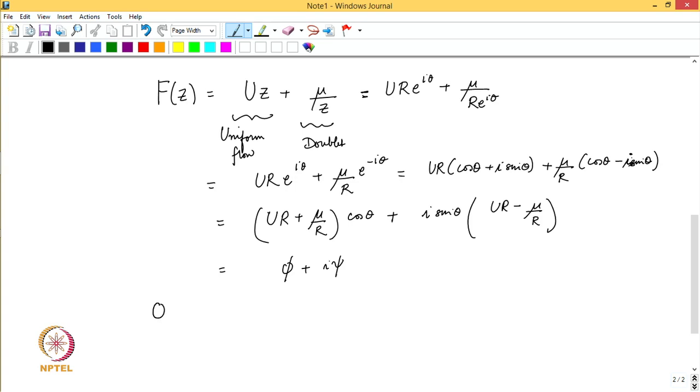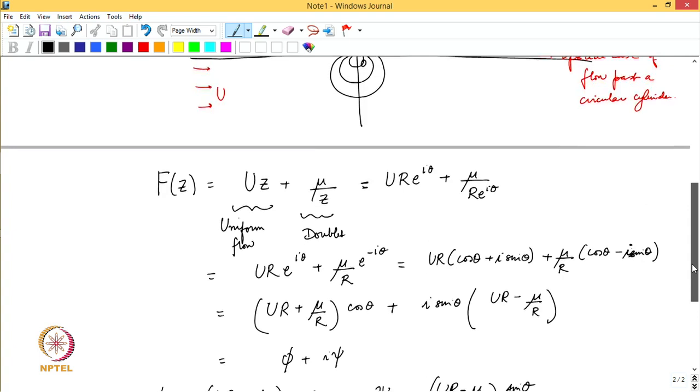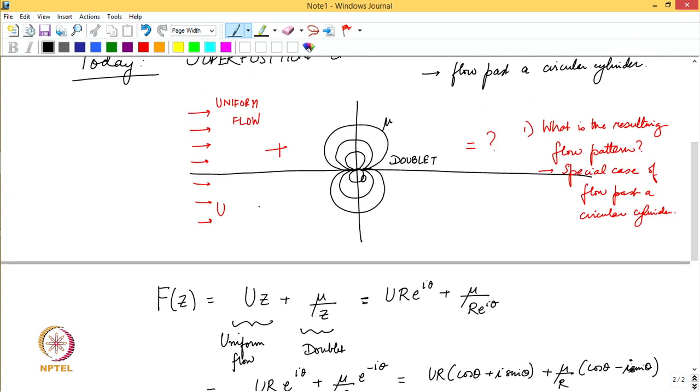Clearly the velocity potential is (u r plus mu by r) cos θ, and the stream function is (u r minus mu by r) sin θ. Note that I did not say anything about the magnitude of velocity or how it compares against the doublet strength.